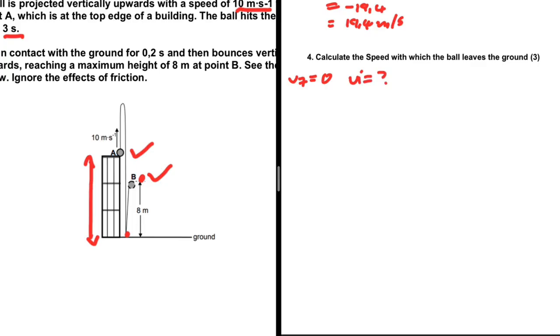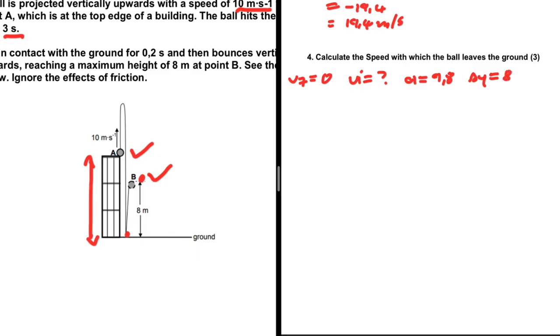Okay, we cannot use 10 meters per second anymore. No. We're interested in the velocity as it leaves the ground. Right. So the acceleration is still 9.8, and we are given delta y, the displacement from the ground to point B, which is 8 meters.